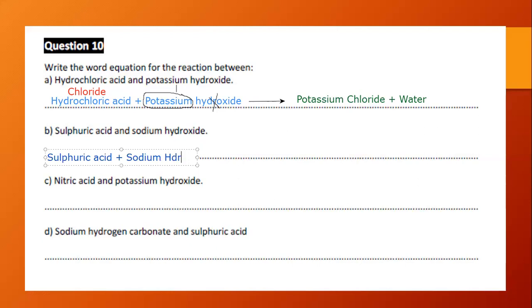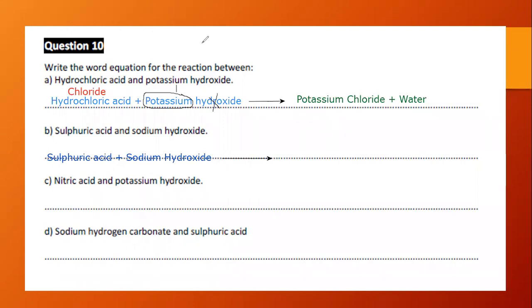This is the alkali that we're going to use. Then we are going to put an arrow. I already wrote the reactants. I want now to write the products. We know that the products are two things, the salt and water. Salt and water.